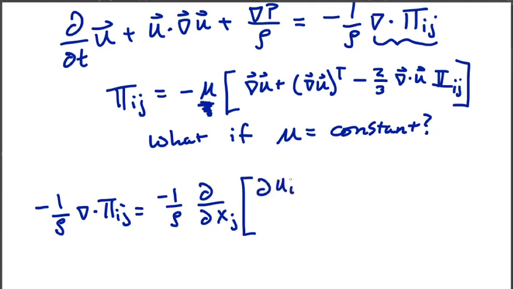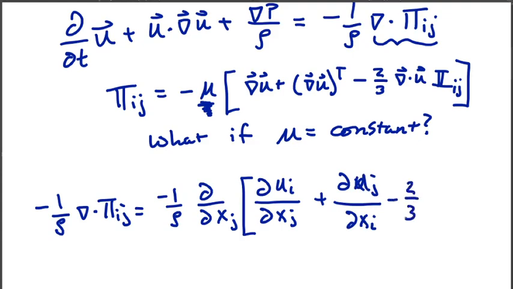That's the partial of u_i with respect to x_j, plus the partial of u_j with respect to x_i, and then minus 2/3 the partial of u_k with respect to x_k with the delta ij here.